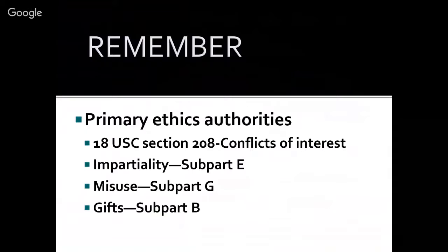Yeah, and I think this is even more true when we start getting into notions of misuse of your government position. I think the Subpart G provisions, the misuse provisions, are some of the broadest and some of the most foundational in ethics.